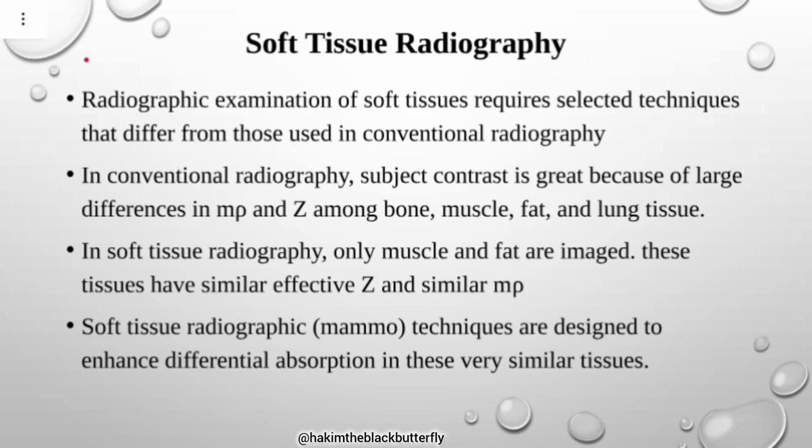In soft tissue radiography, only muscle and fat are imaged. In mammography, it's only muscle and fat that are imaged. These tissues have similar effective atomic numbers and similar mass densities. The differences between them are very, very small. You can even neglect the differences. But mammography is a unique modality that can bring out such differences.